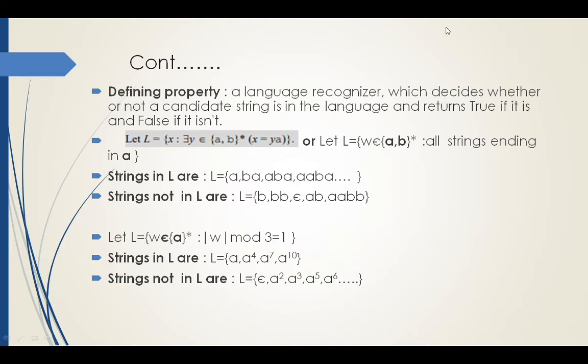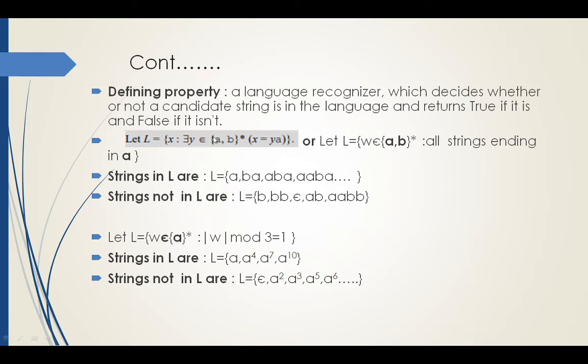A language recognizer is used to decide whether or not a candidate string is in a language, and returns true if it is and false if it is not. If a particular string belongs to the language, it returns true, otherwise it returns false.